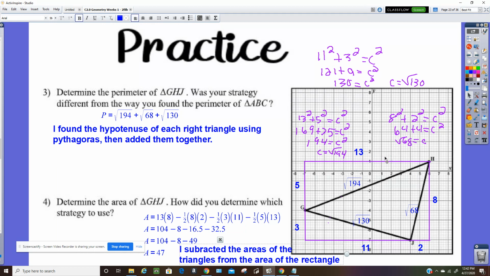I see students doing that incorrectly and then get the wrong answer for the lengths of the sides using the distance formula. So I think it's better to use the second method they show you, which is just to enclose everything in a rectangle, and then find these sides by Pythagoras, and then find the area by taking the area of the rectangle and then subtract off these triangles, and you end up with this area right here.